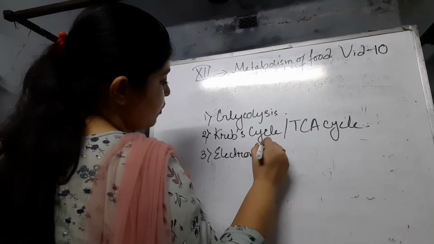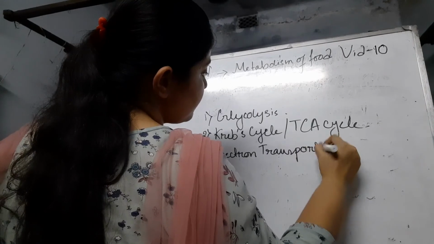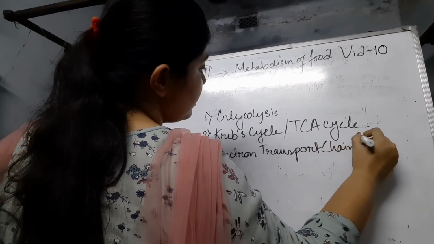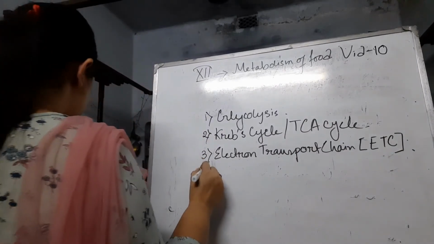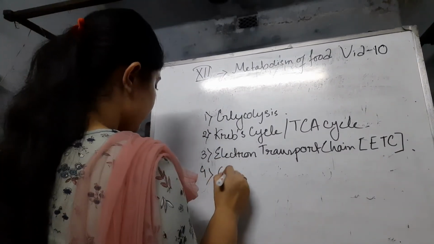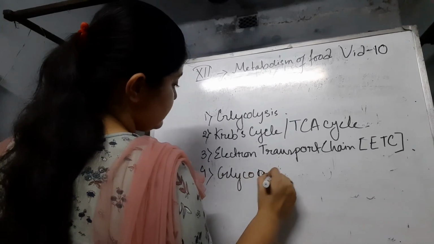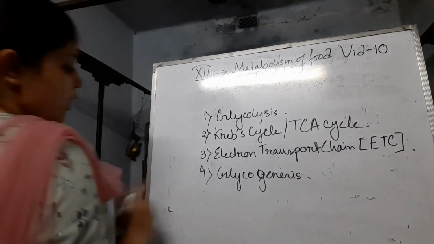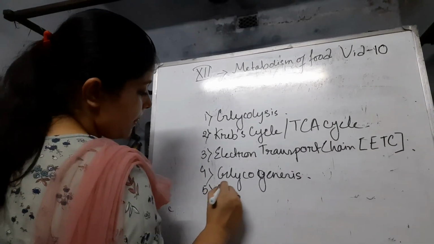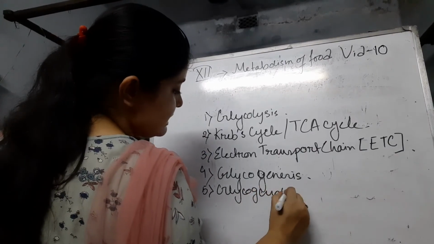The third was the electron transport chain, or ETC. The fourth was glycogenesis. The fifth was glycogenolysis.